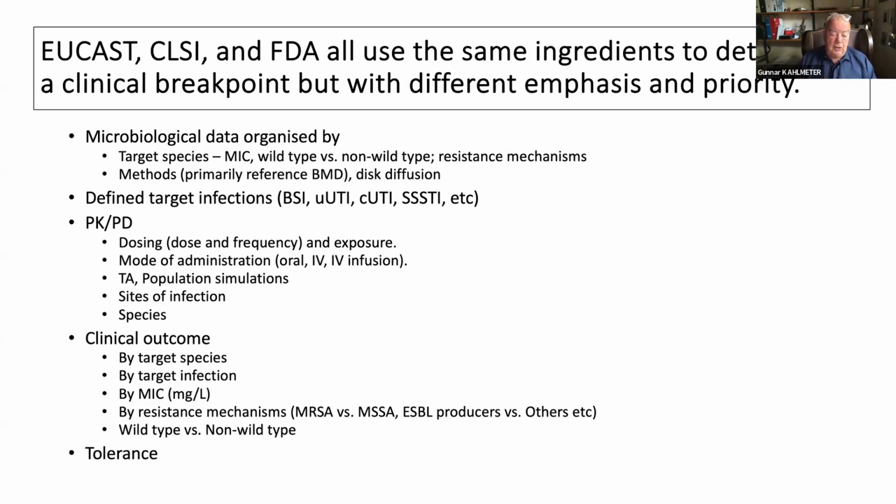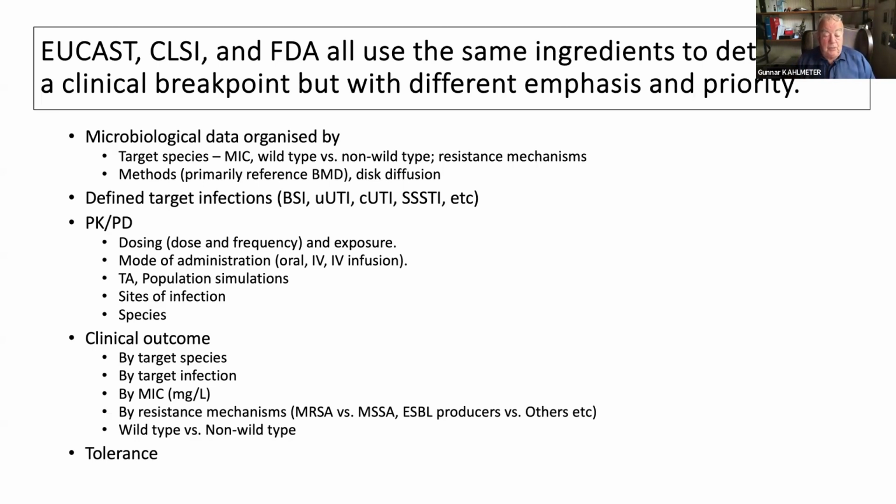So we need to know all that before we start discussing the breakpoints, and we need to have proof of concept. We need to look at clinical outcome data by target species. We want to know, is there a difference in outcome between Staphylococcus aureus and E. coli? Is there a difference in outcome between urinary tract infections and skin and soft tissue infections? Is there a difference in outcome depending on how high the MIC is? And also, is there a difference in outcome related to very typical resistance mechanisms?